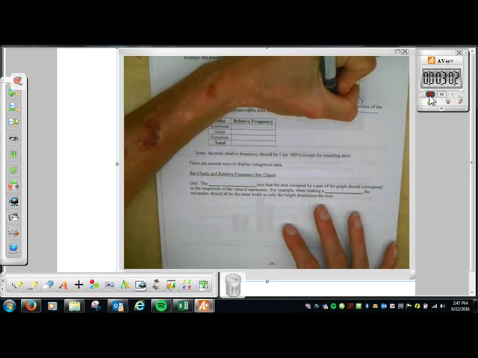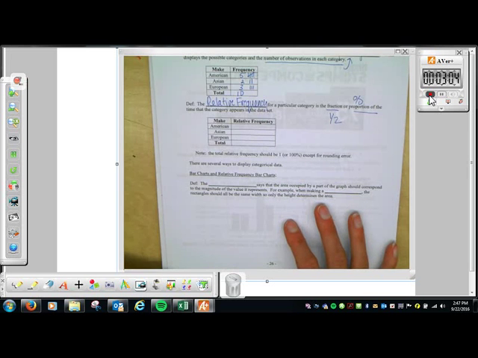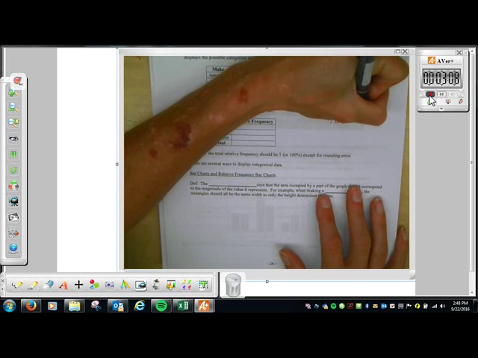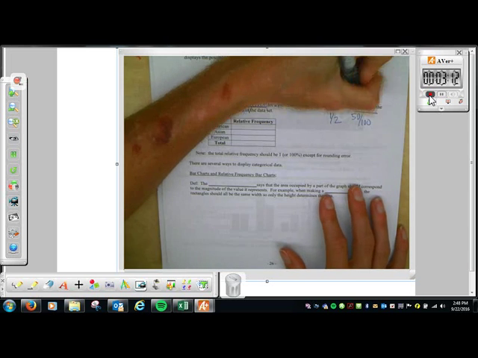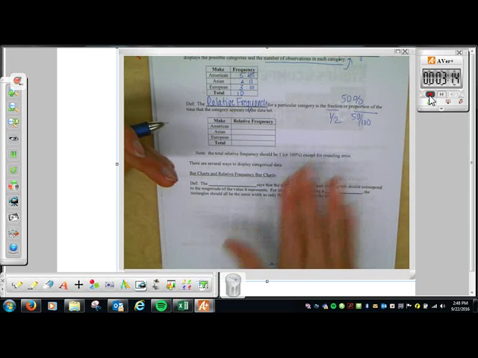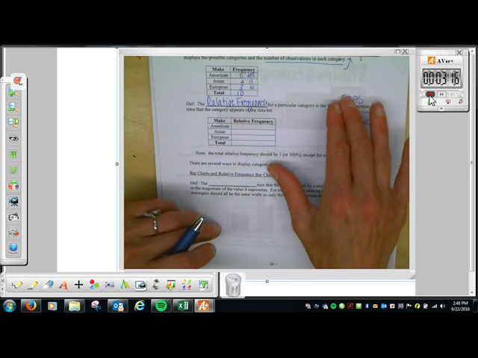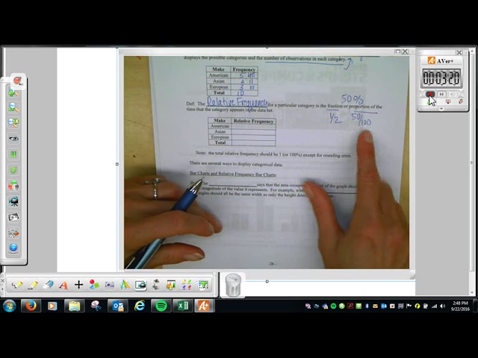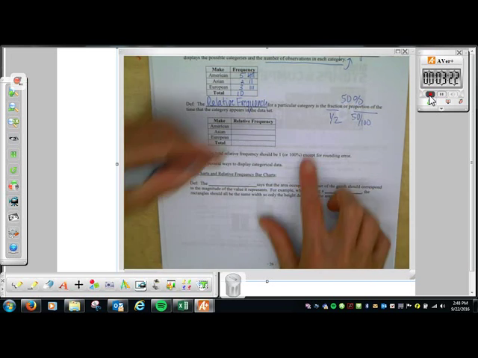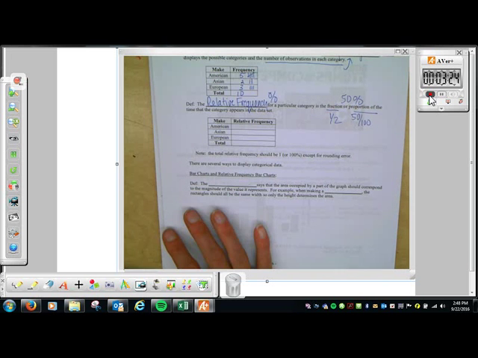I can write the fraction 1/2, the proportion 1/2, but I could write it as 50 over 100 and it would still be a proportion, and the percent is 50%. You can take a number and write it as a fraction, proportion, or percent. So relative frequency can be written in any of these ways, and most of the time we write it as a percent. Okay, a percent table, a relative frequency table.